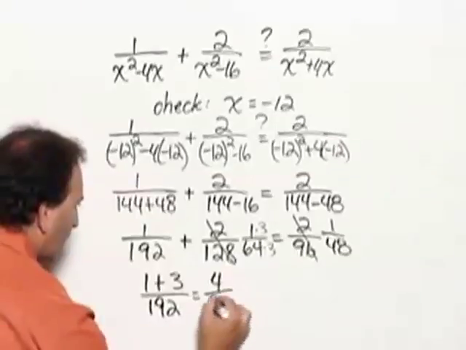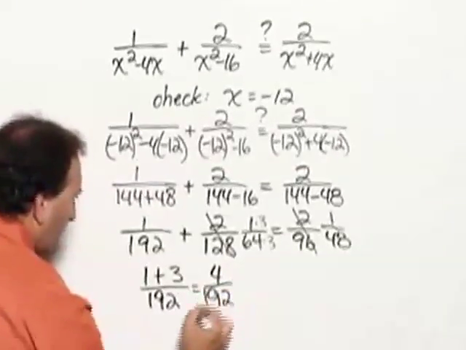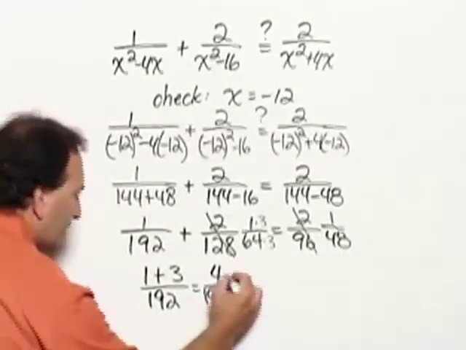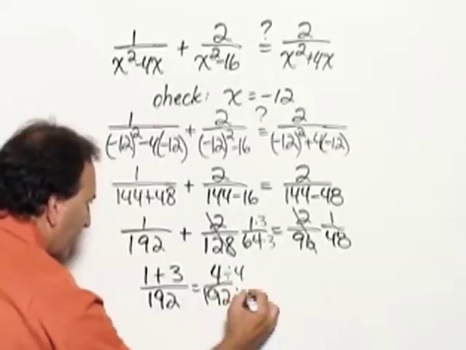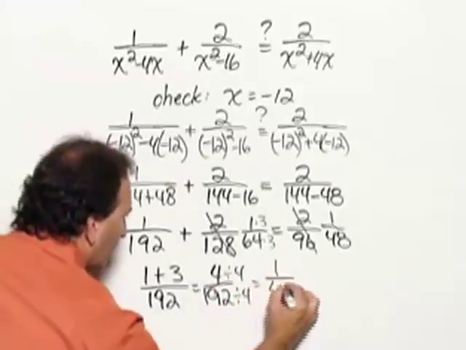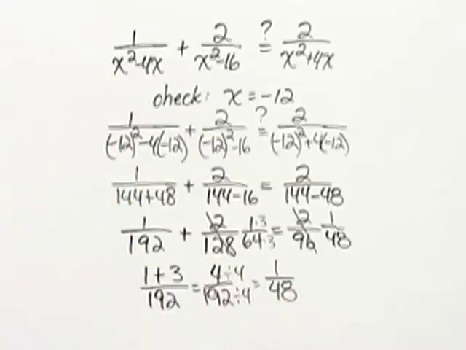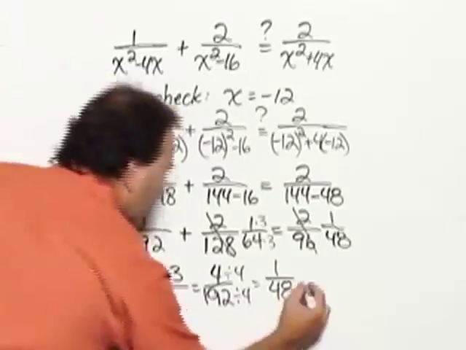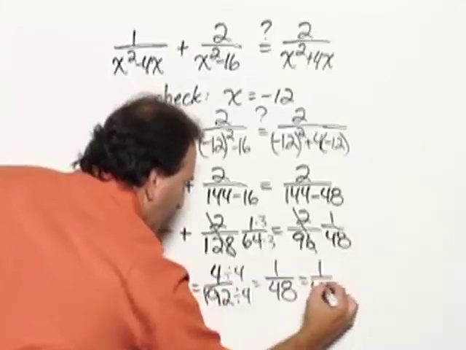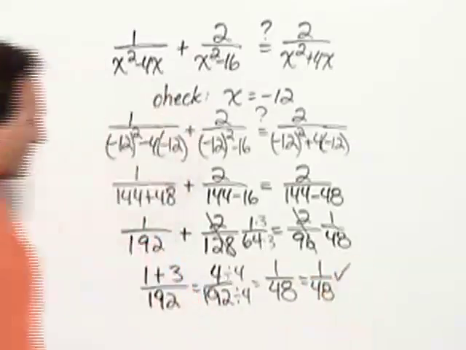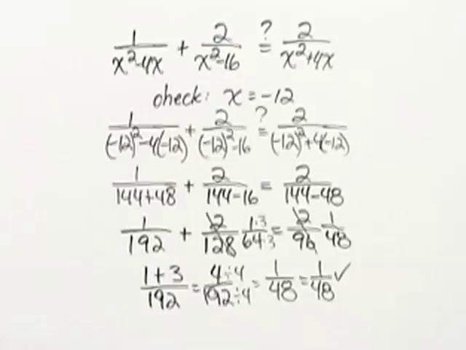That's 4 over 192. And dividing each of those by 4, we get 1 over 48. And then that's, of course, equal to the 1 over 48 that we have there. So our answer checks. So our answer is x equals negative 12.